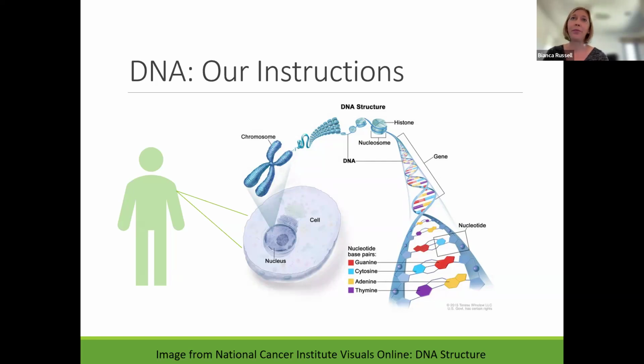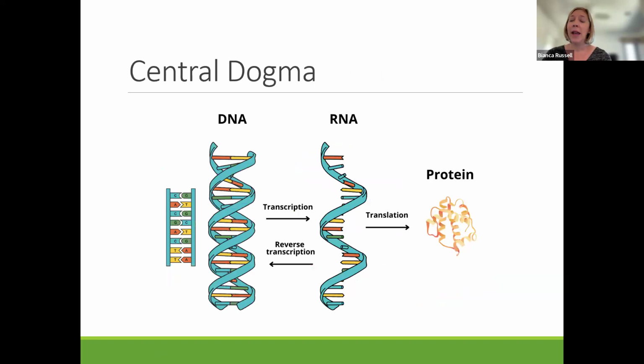But what DNA actually does is what we call the central dogma. So our body reads those letters in our DNA instruction book and converts it into something called RNA, which is sort of like an intermediate in the process, and then ultimately makes protein. And the protein is what goes out into the body and does all the things that we need to do as humans.